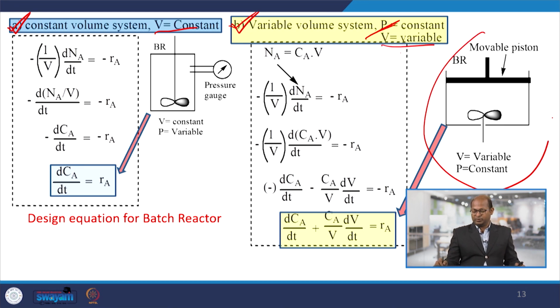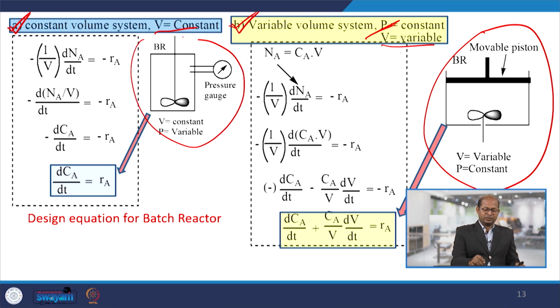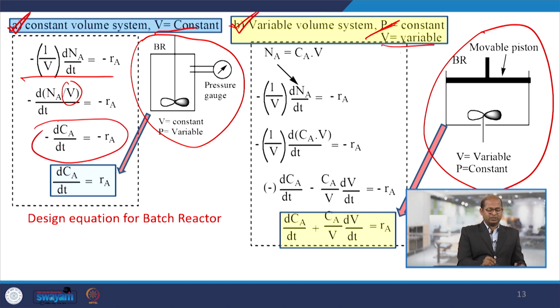If we start from this design equation and V is constant, we can put it inside, and we get minus d C A by dt equals minus R A, that is, R A equals d C A by dt for component A. This means the rate can also be expressed in terms of concentration.